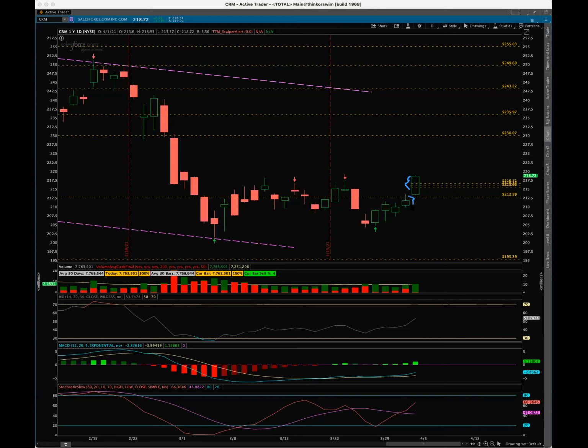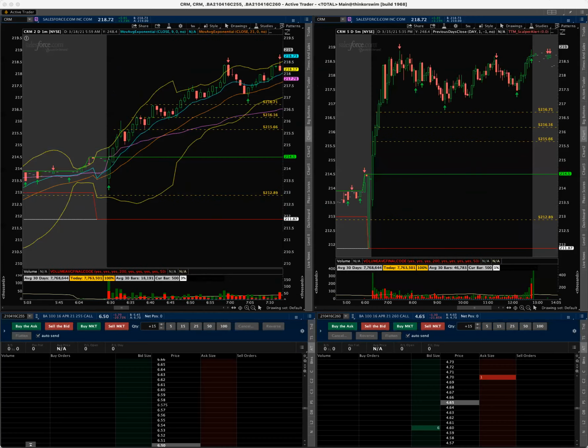So each day's move is roughly around $4 to $5, maybe even $6. Okay, if you go back into the actual chart itself and you say you already caught the bulk of this $5 to $6 movement, for you to continue to hold up here, it is absolutely greed coming in.